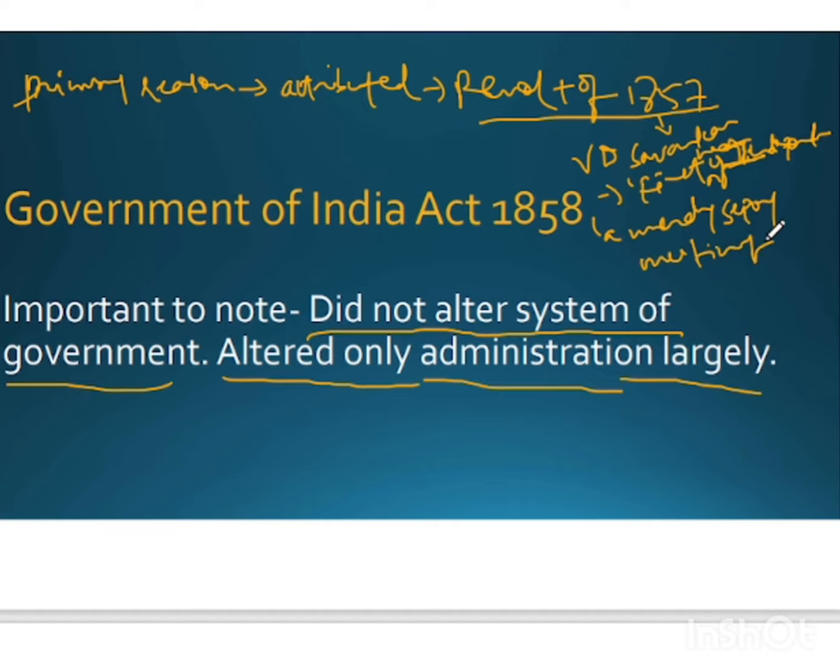So you need to know that this mere sepoy mutiny is in context to the revolt of 1857, right? This is important. There are different schools of thought. Some schools of thought believe that it's merely a sepoy mutiny, while the nationalist school of thought believes that it was the First War of Independence. This is very important.